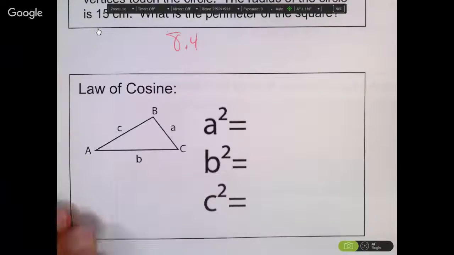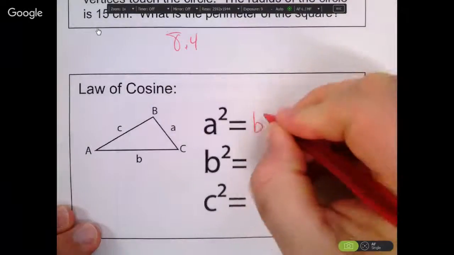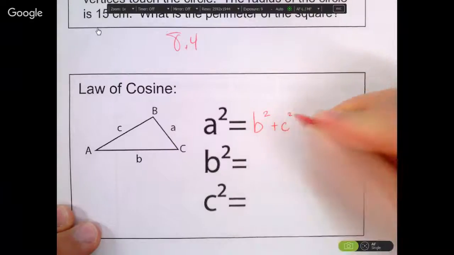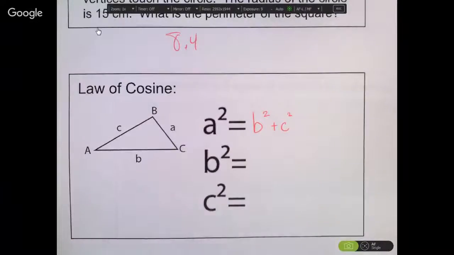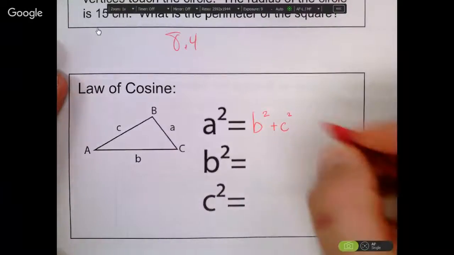a squared equals b squared plus c squared. And that's usually true for what type of triangles? Right, for right triangles. This is not necessarily a right triangle. Okay, but watch what I'm going to add on here.